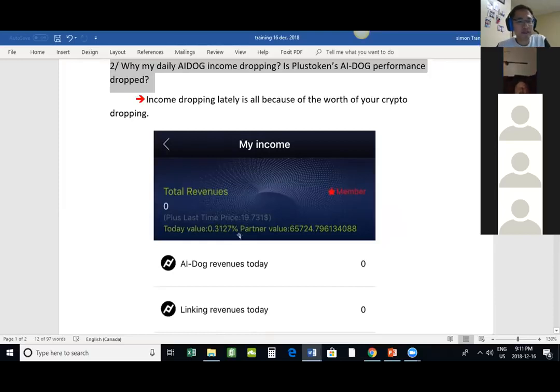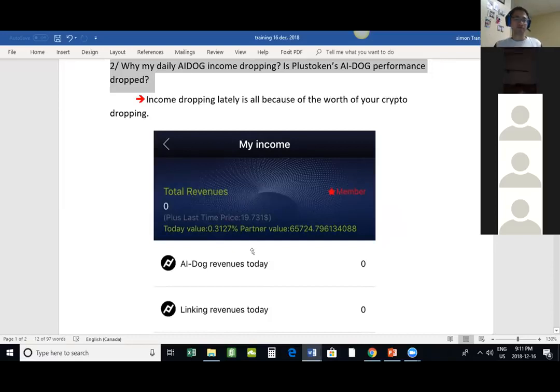That is the performance of yesterday, what Plustoken did. That means whatever you are holding, they will use this percentage to multiply your income.